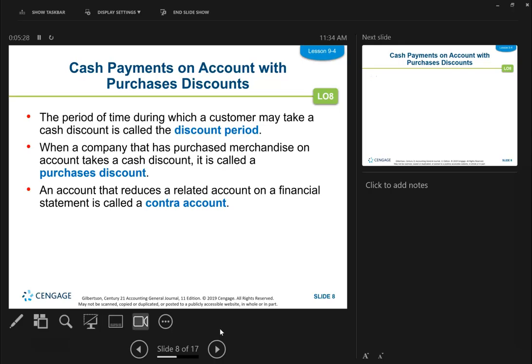Cash payments on accounts with purchases discounts. The period of time during which a customer may take a cash discount is called the discount period. When a company that has purchased merchandise on account takes a cash discount, it is called a purchases discount. An account that reduces a related account on a financial statement is called a contra account.